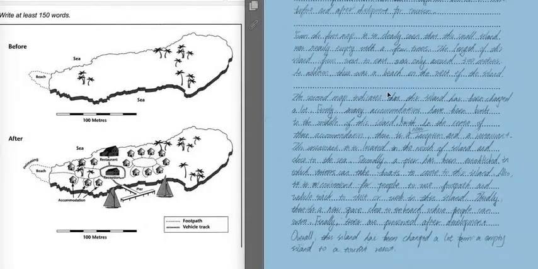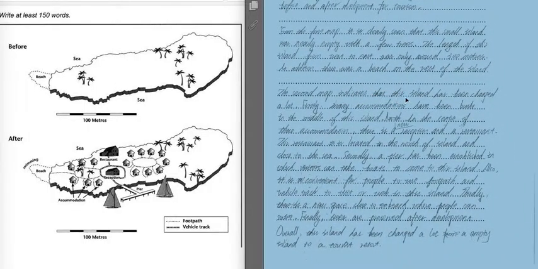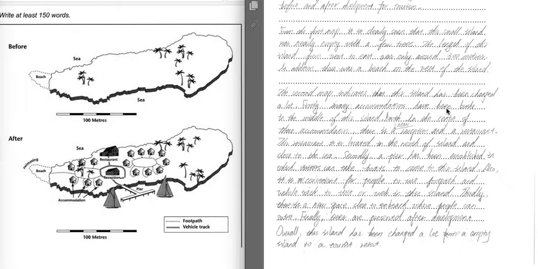Okay, "the second map indicates that this island has been changed a lot." So we would keep it as active, "has changed a lot." I know it is passive, that people have done it, but I think we tend to use the active for something like changing of a place.